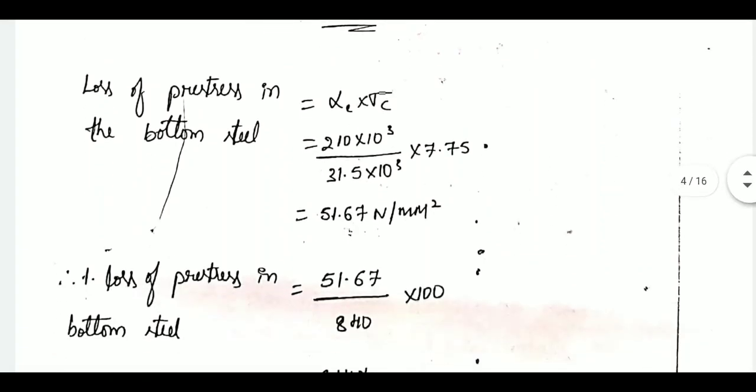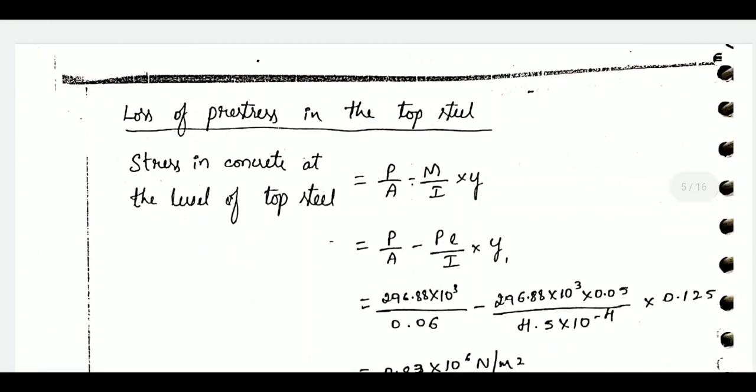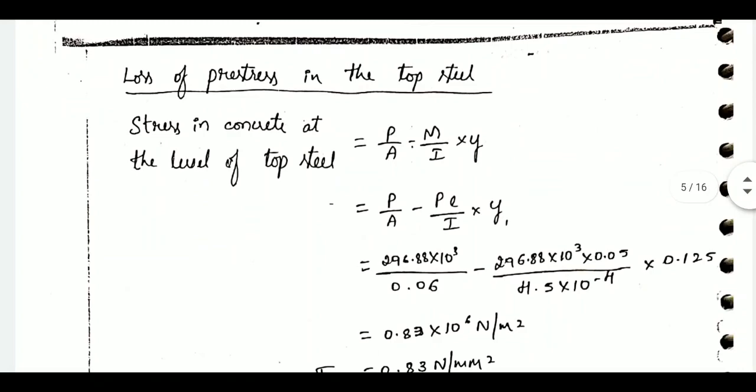You will get the loss. So for that, what is the percentage loss? Same way, the loss of stress in top steel, that is 3 number of cables we have. For that, the distance of the 3 cables from the centroid of the section is 125 mm, that is 0.125 here. You should remember this clearly, how to consider the Y value.